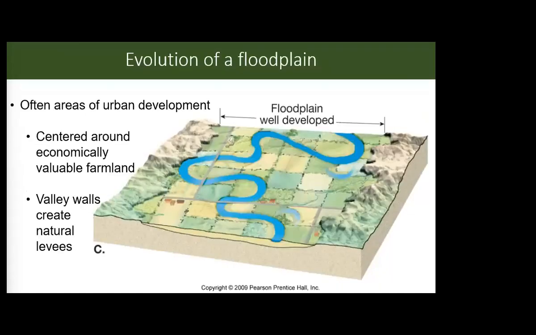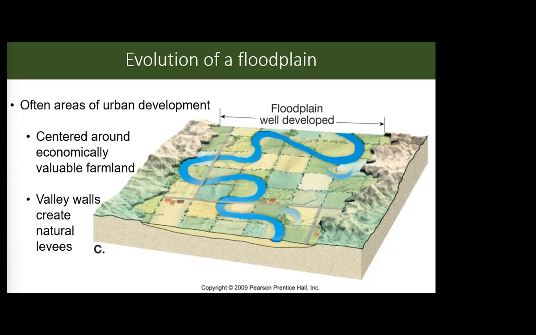Because of that, whenever we have floodplains, because they're so flat and the soil is so fertile, they're really good for farmland. So a lot of farms will preferentially build and cultivate on these floodplains. Number one, it's flat. You don't have to level anything out. Number two, the soil's so good that it creates really good crop yields.